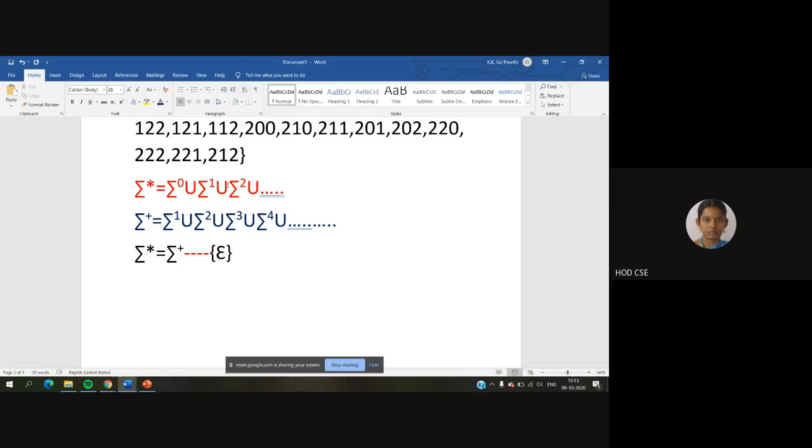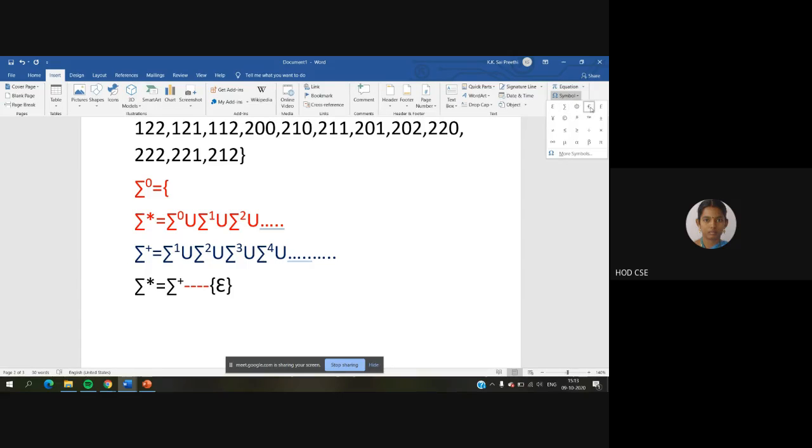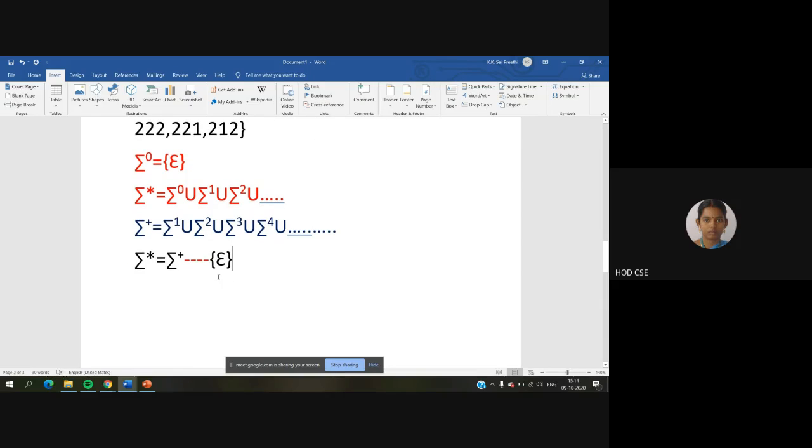And what is the sigma power 0? Anyone? Sigma power 0 is epsilon. Yes, this is epsilon. Very good. You understand the point. Sigma power 0 is epsilon. That also you know. Now tell me which operator is applicable in the dash.